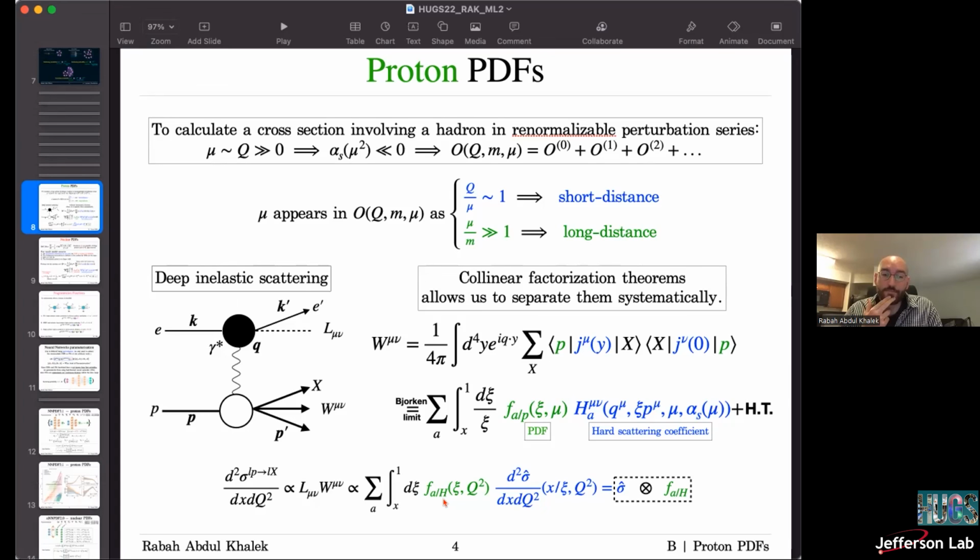Exactly that. Yes. I see. So it's a little bit of working backward. Yeah, it's not a direct relation.